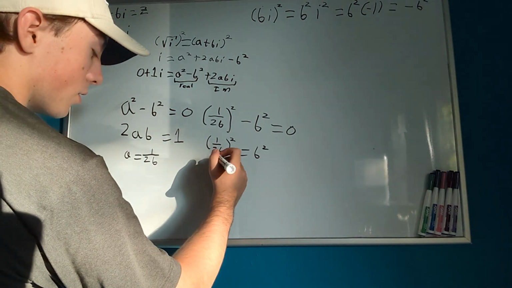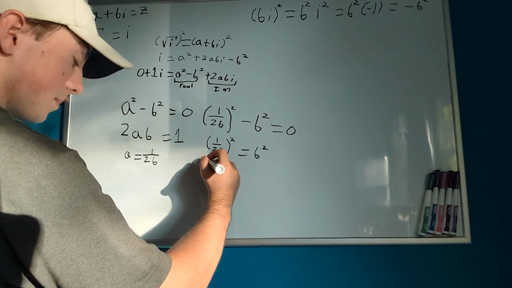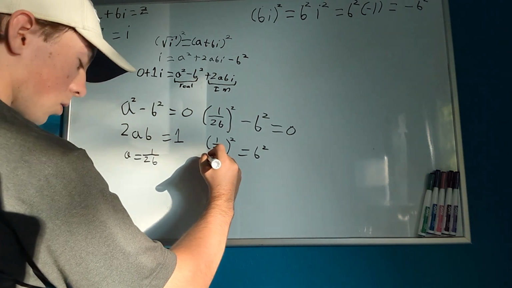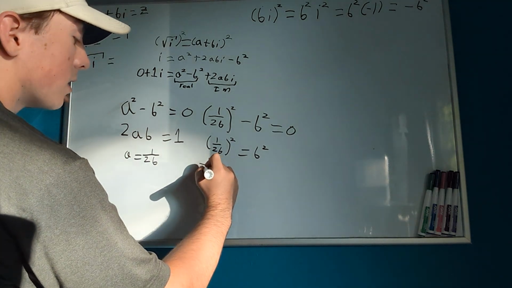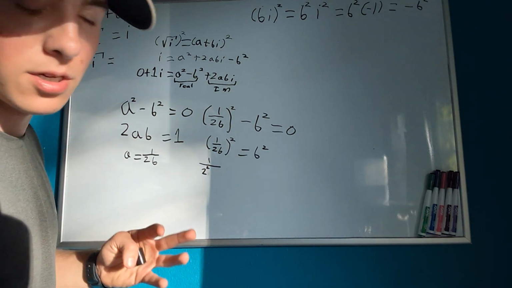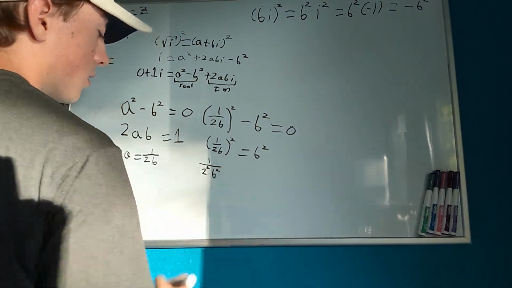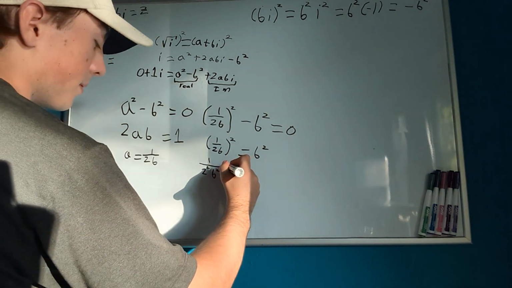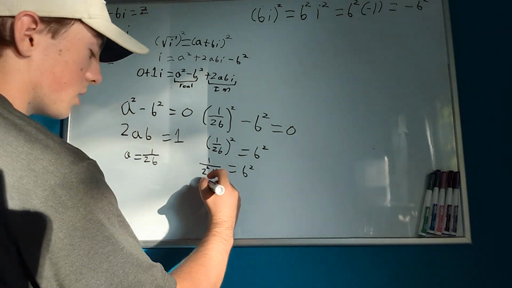What I want to do is make this 1 over 2 squared, not 4, and you'll see why in a sec. It'll make it a lot easier on us to do that right now, times 1 over b squared, because 1 squared is still 1. Then equals b squared. Let's multiply both sides by b squared.